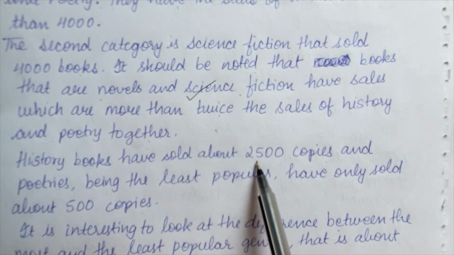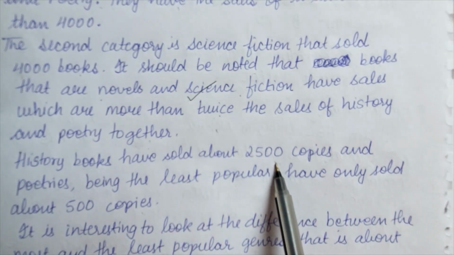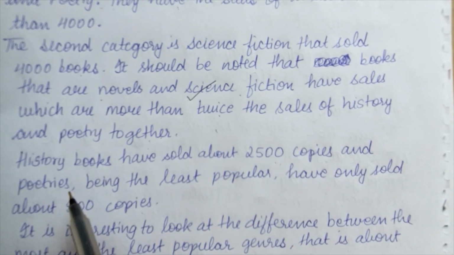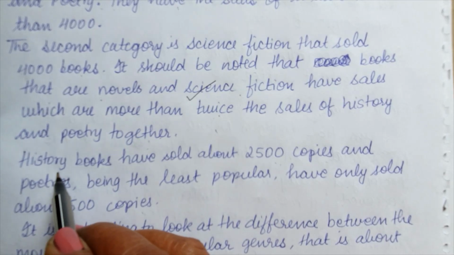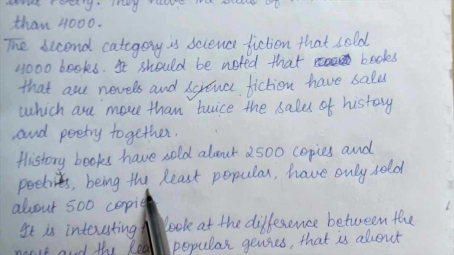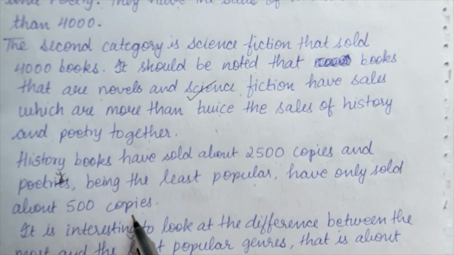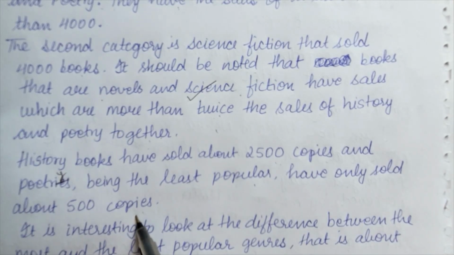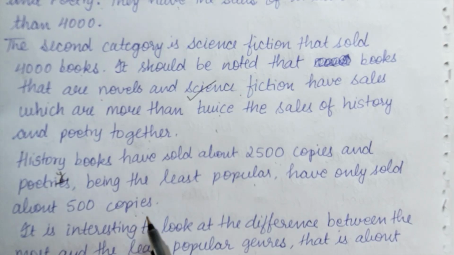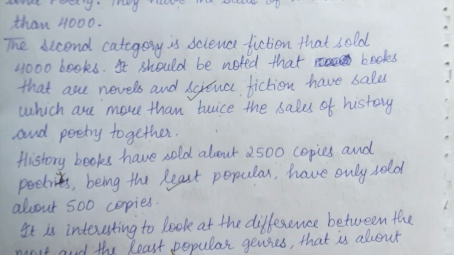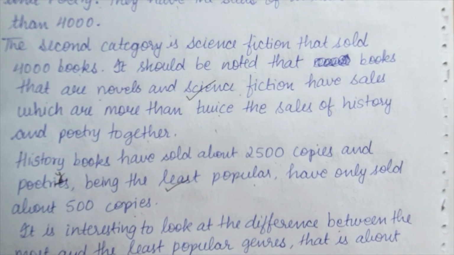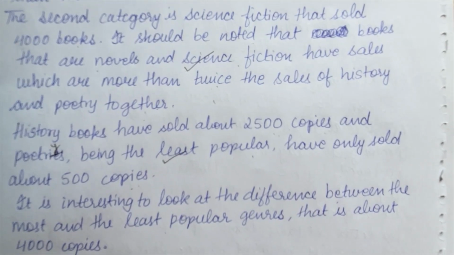History books have sold about 2,500 copies, and poetry, this should be written poetry only, and poetry being the least popular, have only sold about 500 copies. So all the points are analyzed properly and correctly.